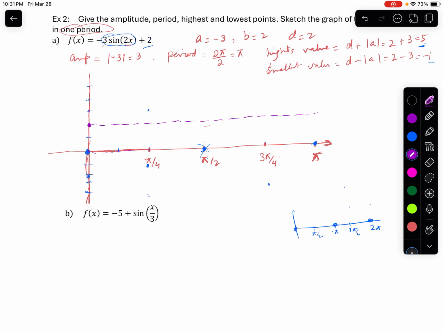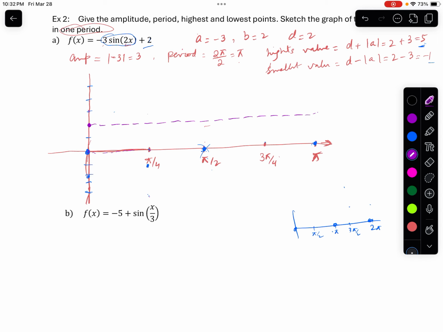Okay. So now at pi over 4. At 0 it will be 0.